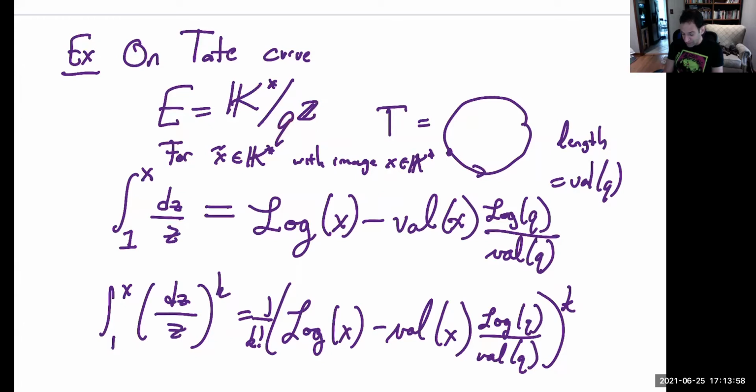So it's an elliptic curve of bad reduction, and its dual graph is a cycle of length equal to the valuation of q. And I want to integrate between the identity and the point x on the curve. What I do is I lift the point x to a point in the universal cover, and then I view the integral from 1 to the point in the universal cover as a path. I'm going to integrate the one form dz over z. That's the holomorphic one form on the Tate curve.